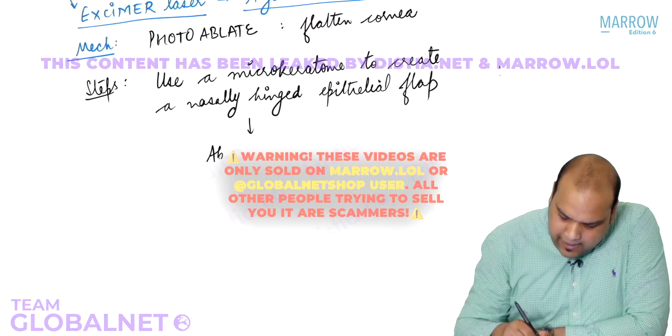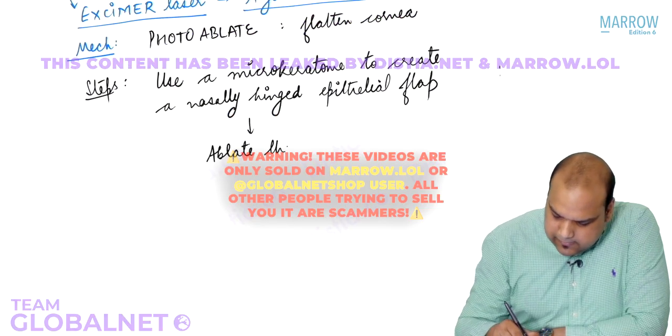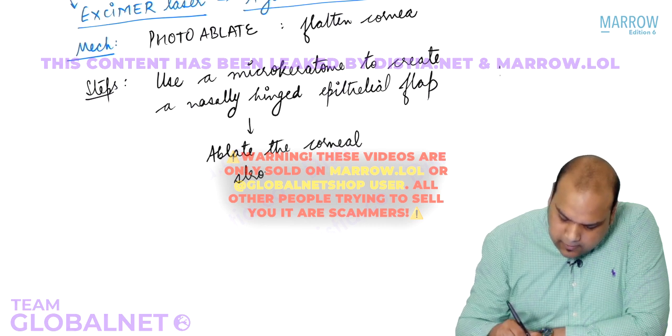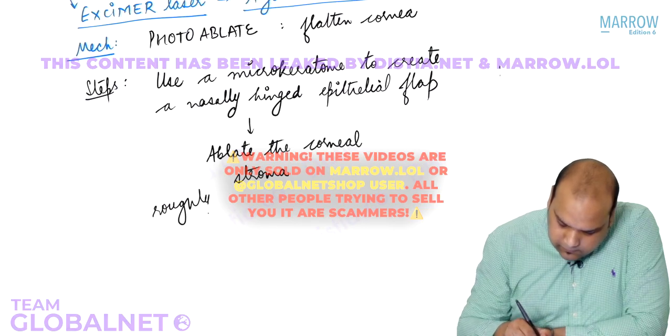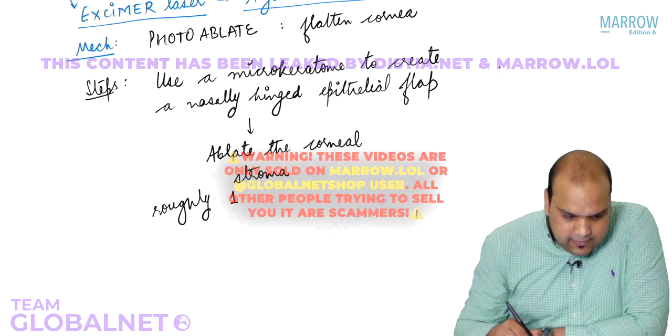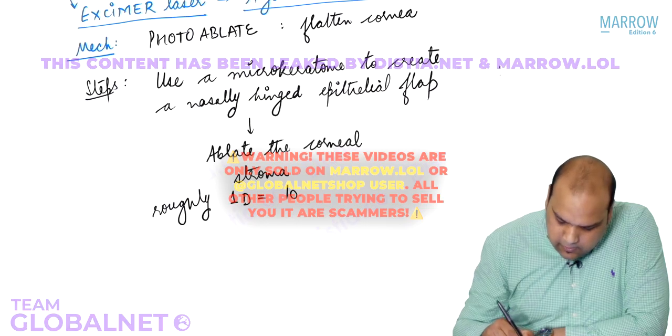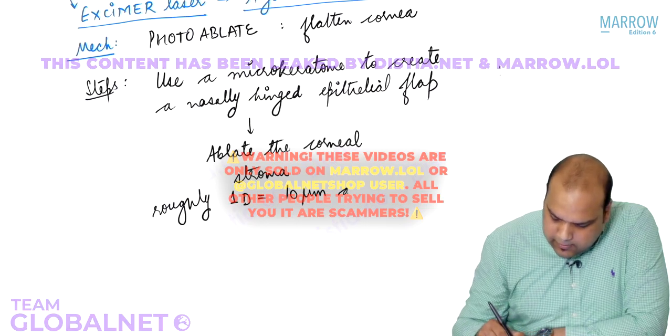Then we ablate the corneal stroma. Roughly, 1 diopter is equal to 10 micron ablation.